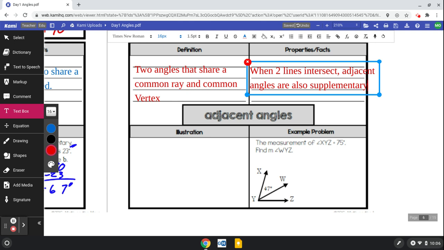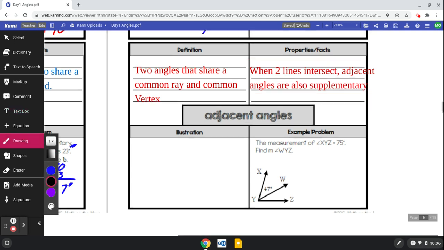Alrighty, so let's talk a little bit more about what that will look like. They have a common ray and they have a common vertex. Here is my vertex, and if I have another ray that comes out from my vertex, angle A and angle B share that vertex and they share that ray.